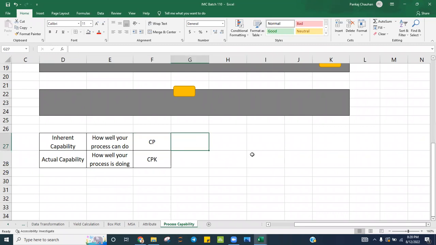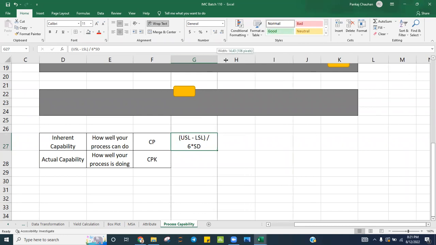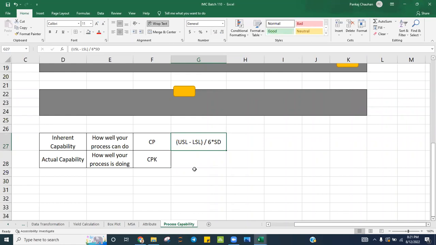So CP we calculate with a formula: it is equal to the difference of specification, which is USL minus LSL, divided by the variation, which is 6 times the standard deviation. This formula you will be using to calculate the CP value, the process capability value. Okay.